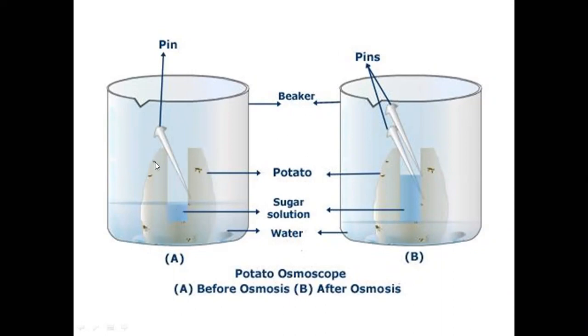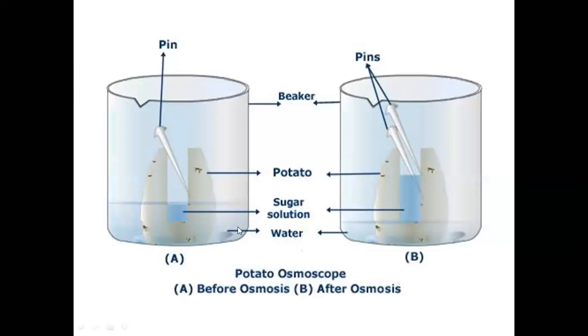The cells of the potato contain cell membranes, and the cell membranes of the potato are semi-permeable. Because we do have a semi-permeable membrane within the potato, this allows osmosis to occur. Outside in the beaker, we have pure water. There is now a concentration gradient which will allow for osmosis to occur.